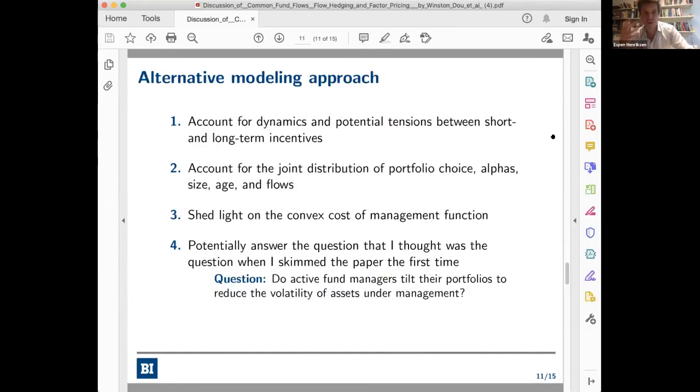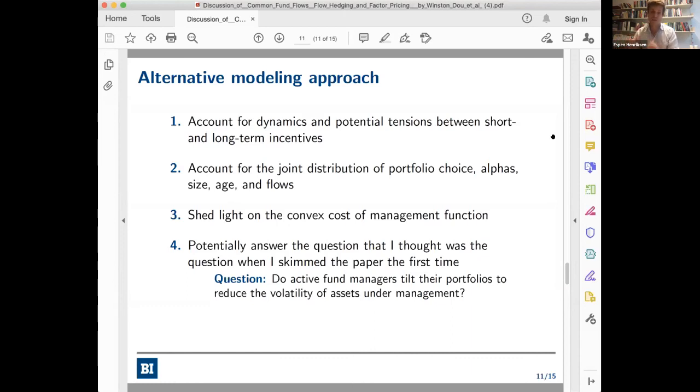So if we think about a different modeling approach, something that could account for dynamics and potential tensions between short and long-term incentives. Winston mentioned in his presentation how the beta on the flows were loading on value and small cap. So you see again there's a clear tension between, should you hedge these flows the next period if I'm totally myopic, or would you rather run a more traditional factor strategy, loading up on small cap and value?